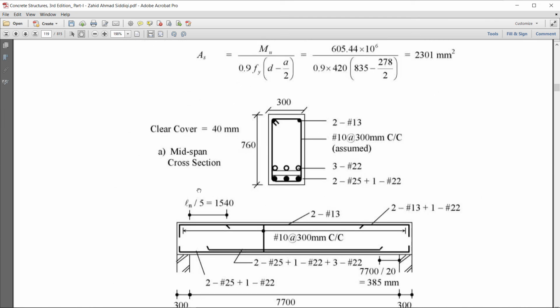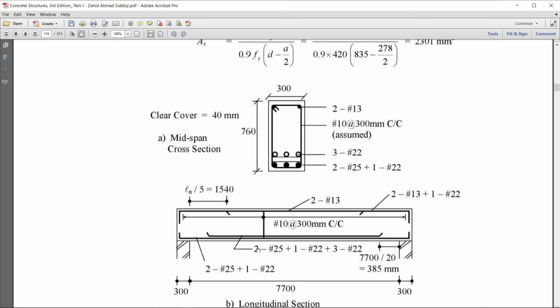Here the detailing is shown. At the bottom, 2 number 25 plus 1 number 22, and in the second layer 3 number 25, and the gap between two layers is 1 inch, that is 25 millimeter. For the ties, again assume we didn't perform the shear analysis, we performed only the bending analysis.